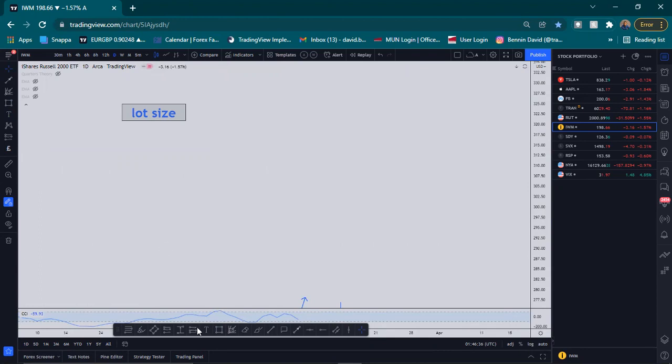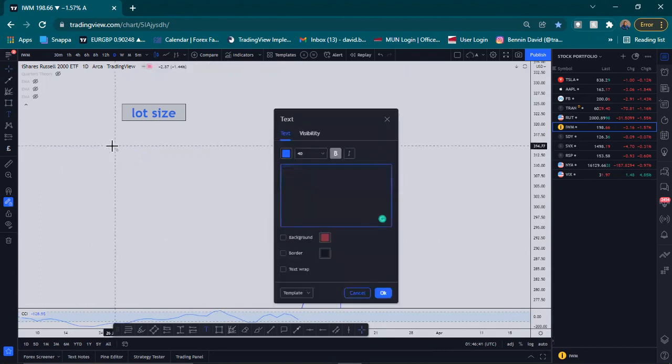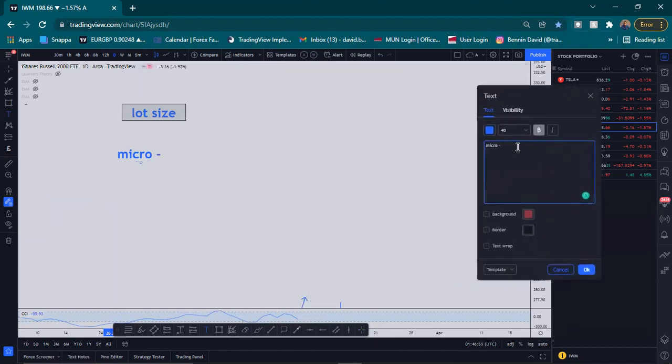So there are 3 main categories of lot size based on the sizes. We have a smaller size, a medium size, and a big size. So we have what we call a micro lot size, a mini lot size, and then we have what we call a standard lot.